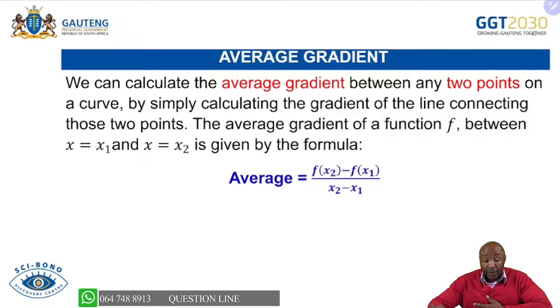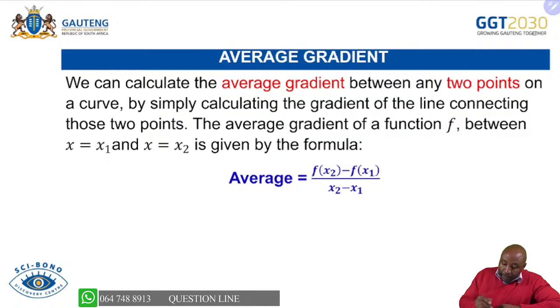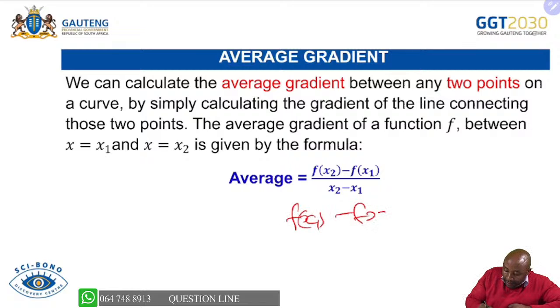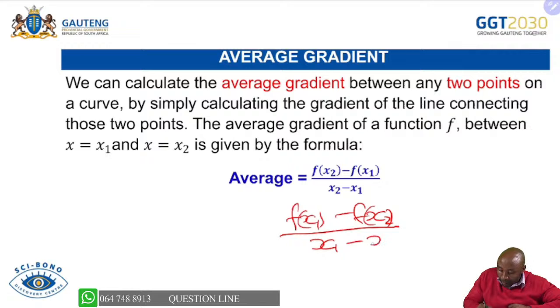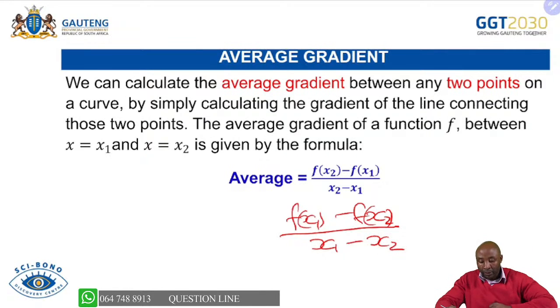It's f at x2 minus f at x1 over x2 minus x1. Remember, you can change this. You can write it as f at x1 minus f at x2, and you also change the order for the denominator. It becomes x1 minus x2. It's not always that you use the x2. You can swap around as long as you maintain the order on the numerator and denominator.